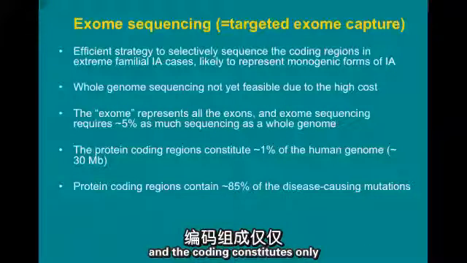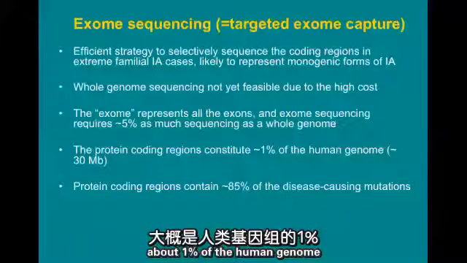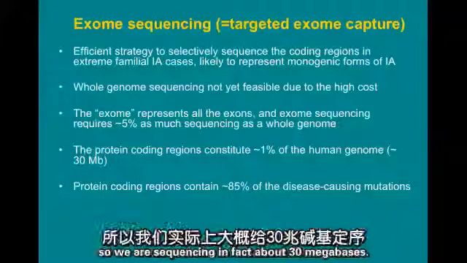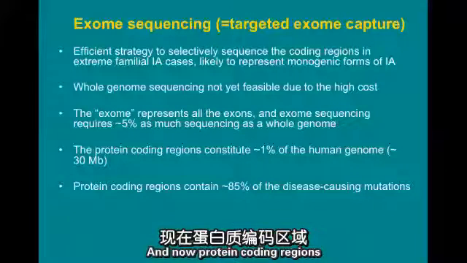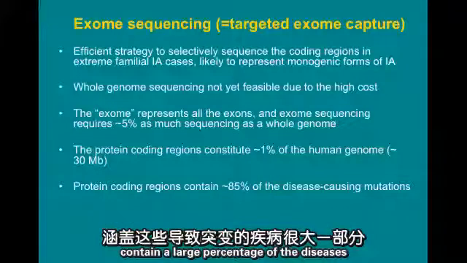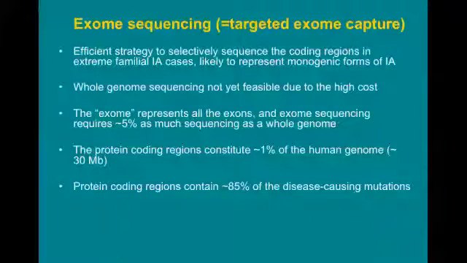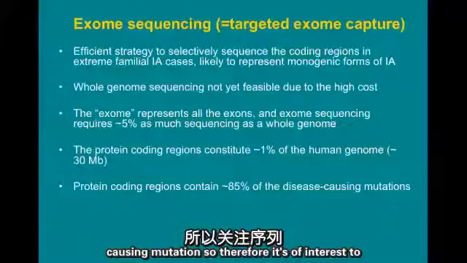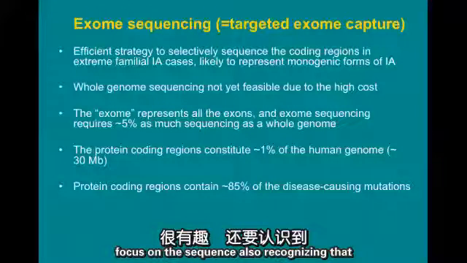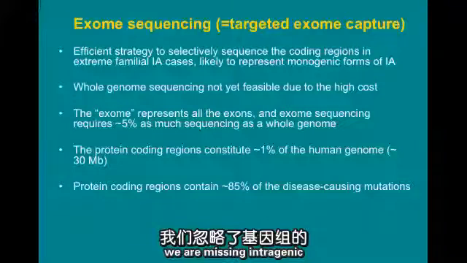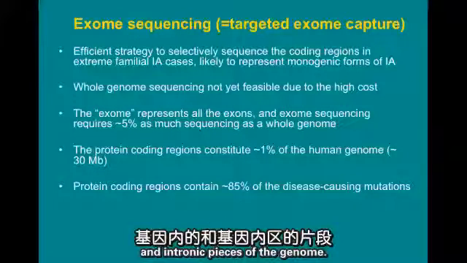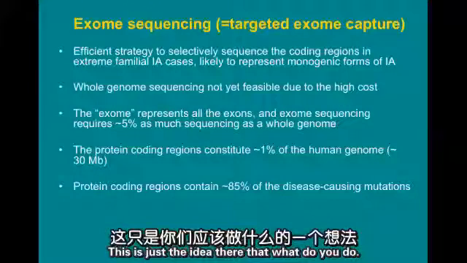And the coding constitutes only about 1% of the human genome, so we are sequencing, in fact, about 30 megabases. And now protein coding regions contain a large percentage of the disease-causing mutations, so therefore it's of interest to focus on this sequence, although recognizing that we are missing intergenic and intronic pieces of the genome.